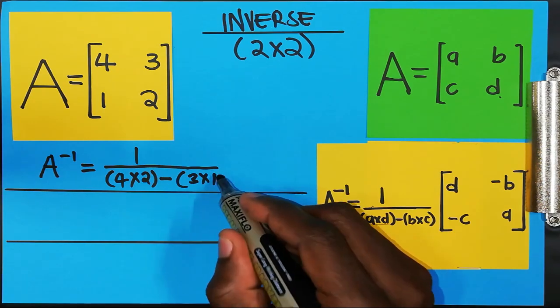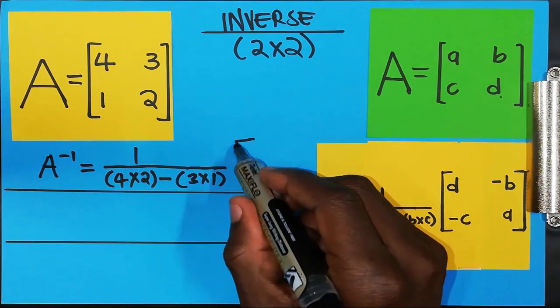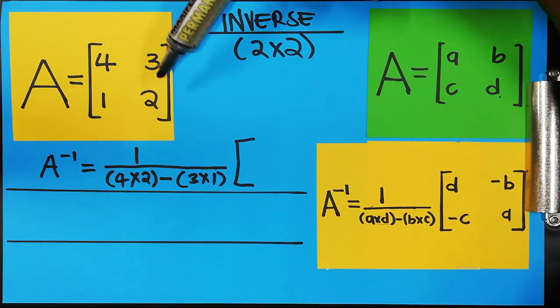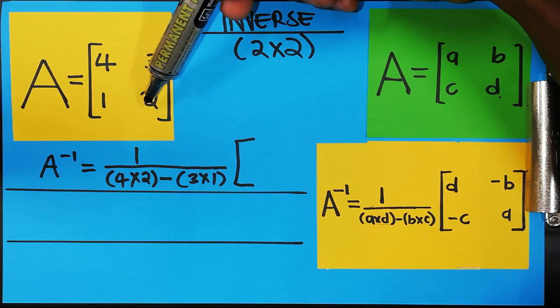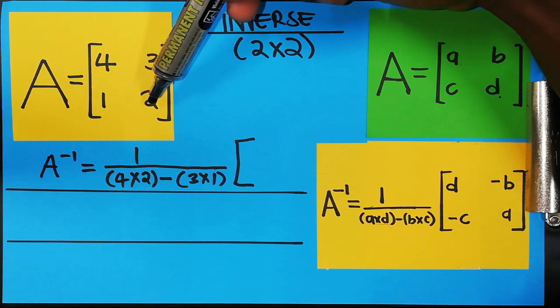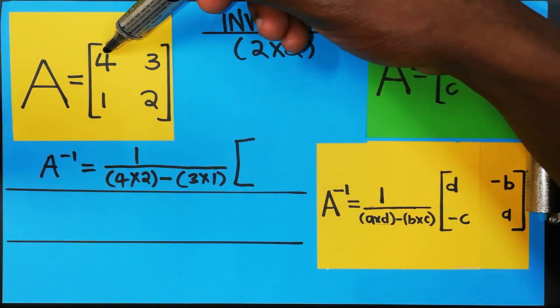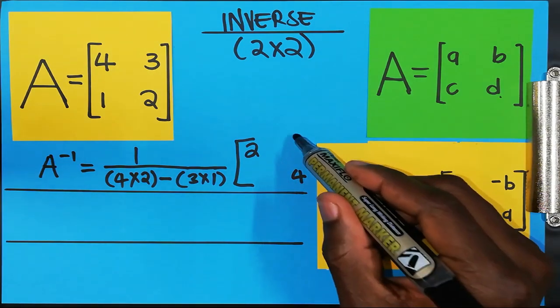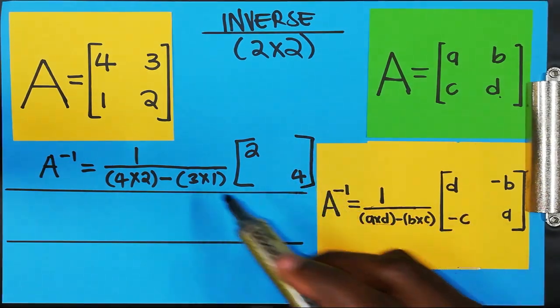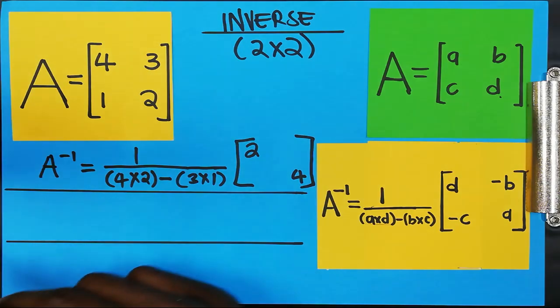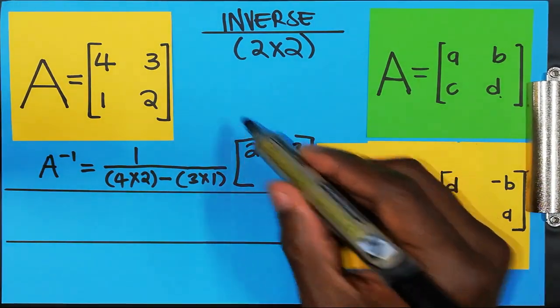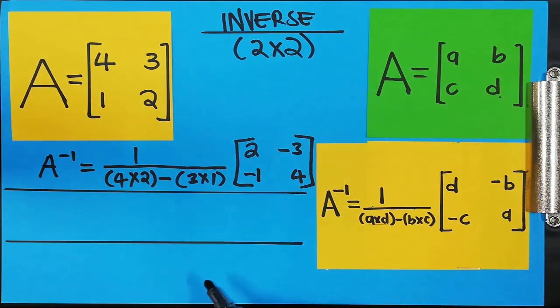What actually happened here is that you just switch the elements. Where there is 4, you put 2, and where there is 2, you put 4. These two you do not change the position. You just put a negative in front of those elements.